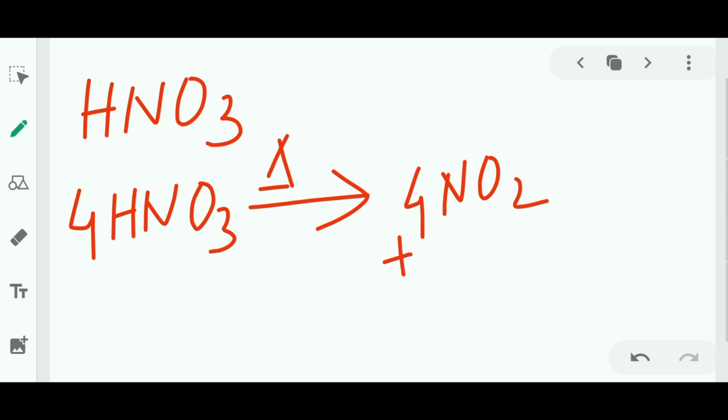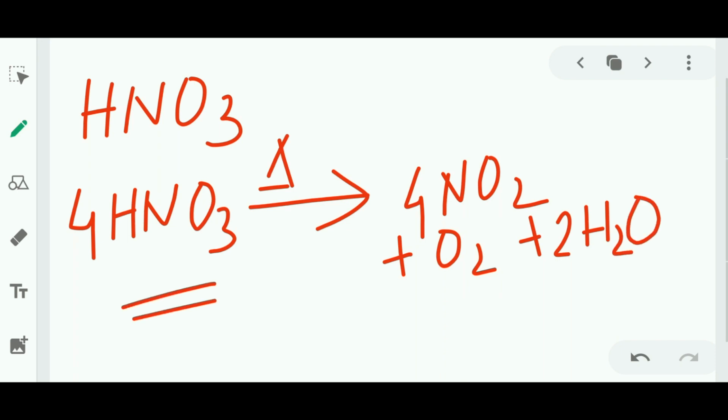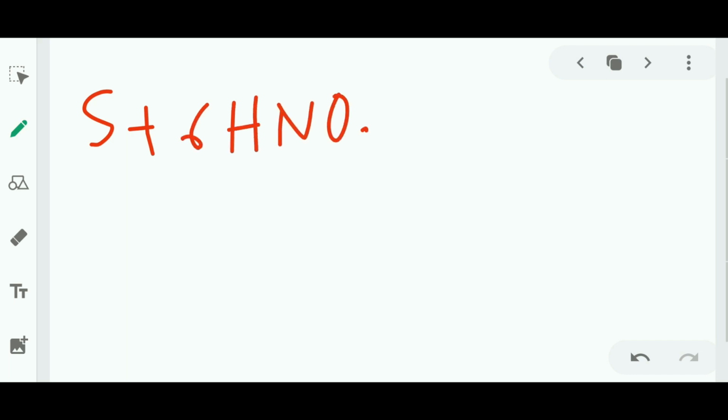So this is the thermal decomposition of HNO3. It also has an oxidizing property, because it is an acid. Suppose it reacts with sulfur: S reacts with HNO3 to produce NO2, and sulfur is oxidized into H2SO4, and water is also formed.